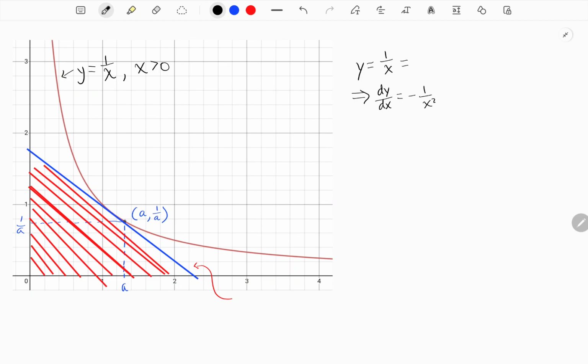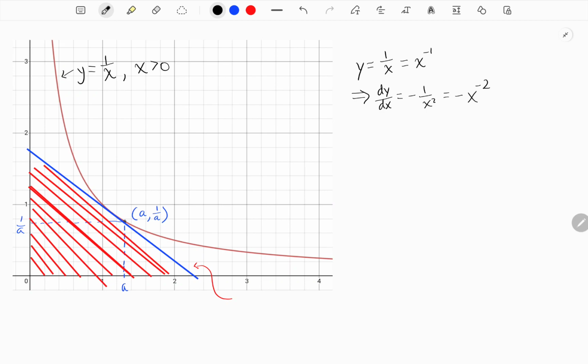If you write 1 over x as x to the minus 1, then for dy over dx you bring the minus 1 down, and then you take 1 away from the exponent, so minus 1 minus 1, which equals minus 2. And x to the negative 2, you can just move it downstairs. So that is the slope.